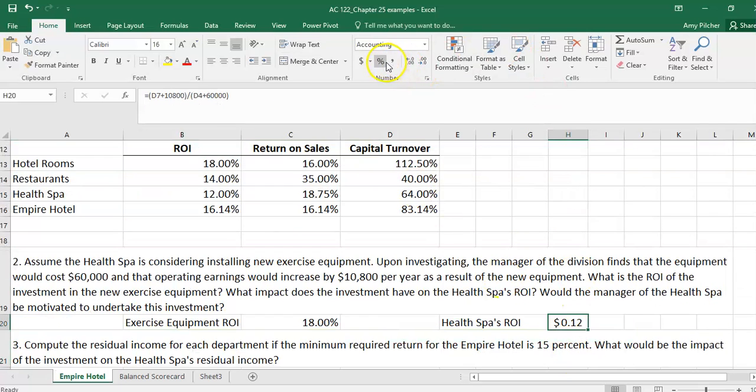So what we find is that investing in this new exercise equipment would increase our ROI overall by almost 30%, which then means that yes, the manager of the health spa is motivated to undertake this investment.